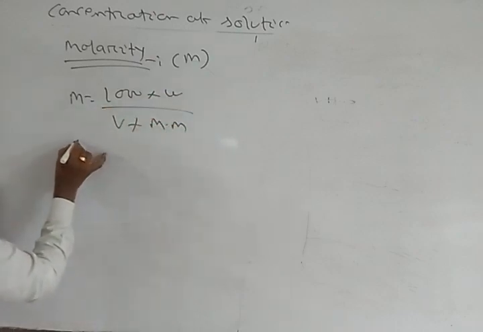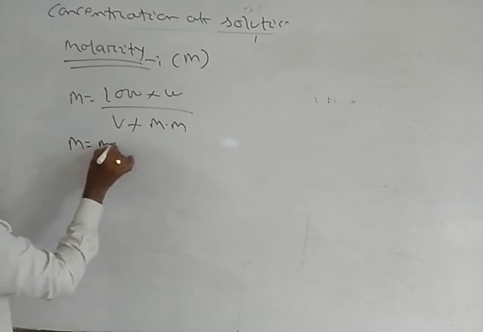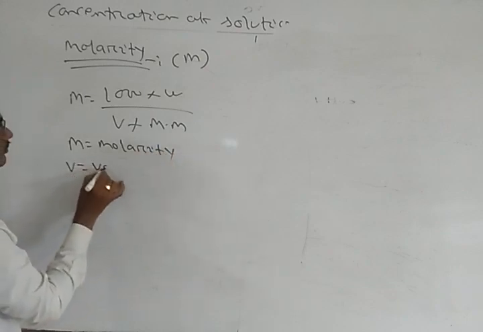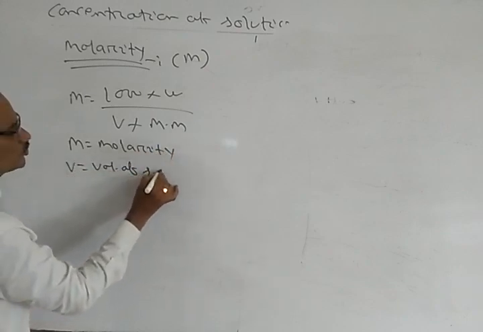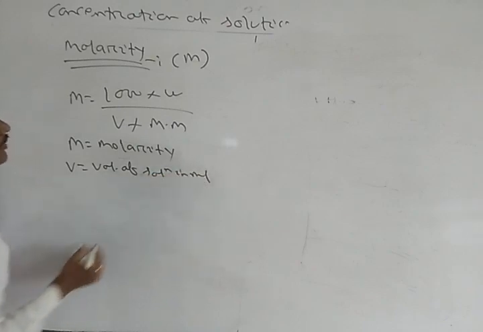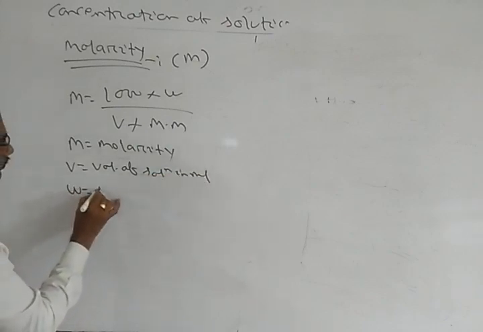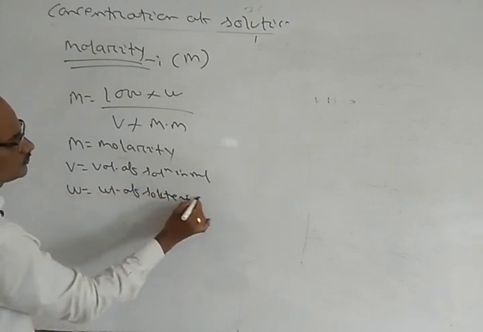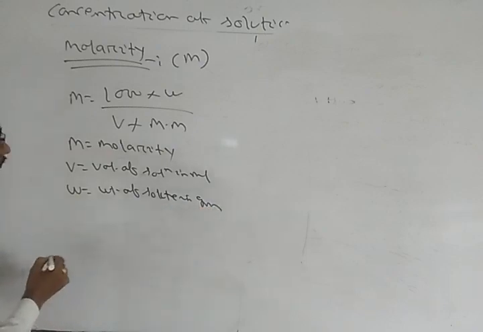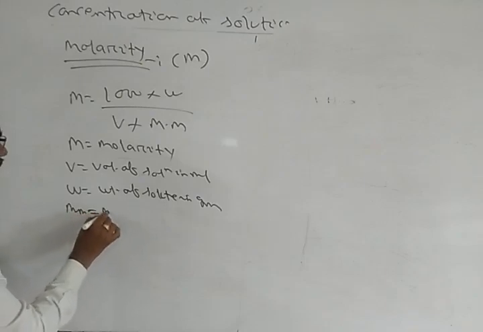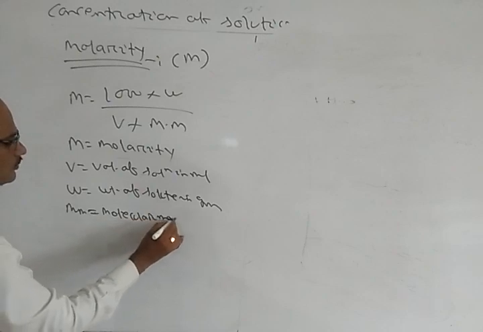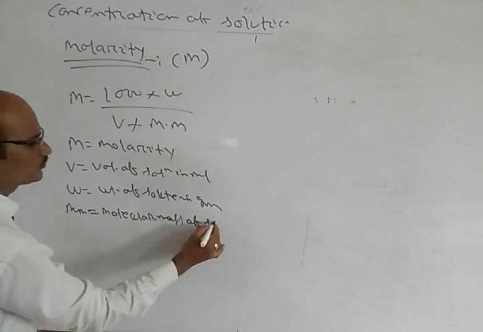M is your molarity, V is the volume of solution in ml, W is the weight of solute in gram, and MM is the molecular mass of solute.